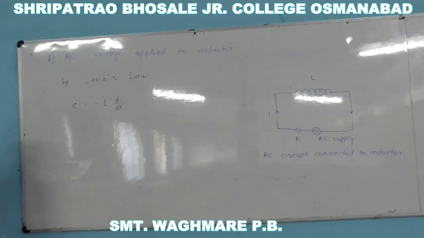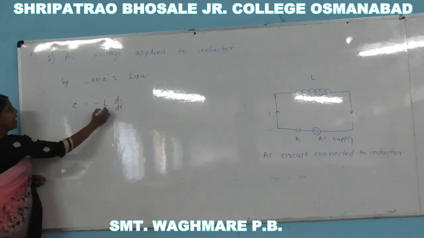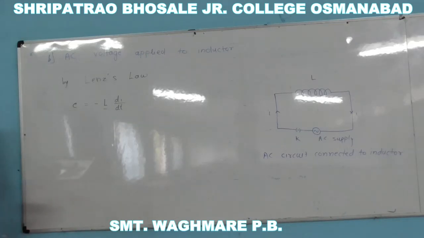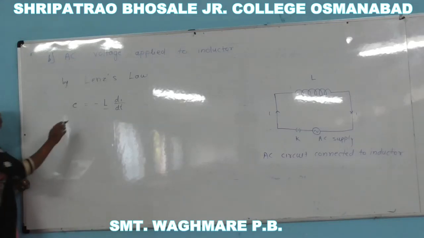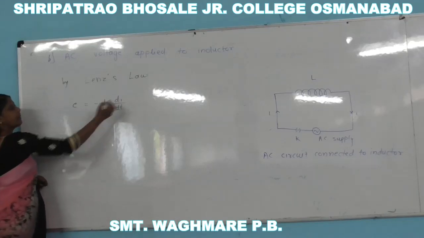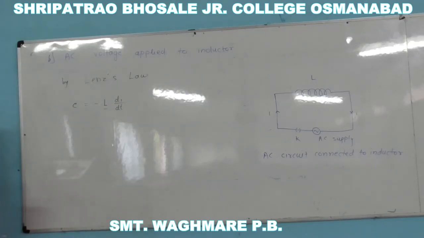That is, the EMF induced in the coil is given by the equation E is equal to minus L di by dt, where di by dt is the rate of change of current and L is the inductance of the coil.